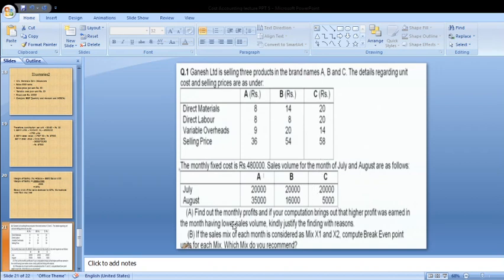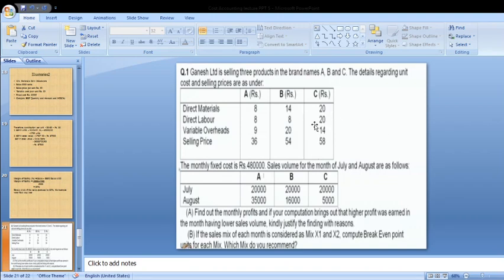You can convert the quantity into amount by dividing these 35,000 by the PV ratio. So how much is the PV ratio? 50 minus 30, 20 is the contribution. ABC, and in August it is something different.